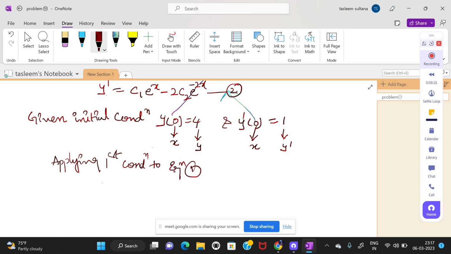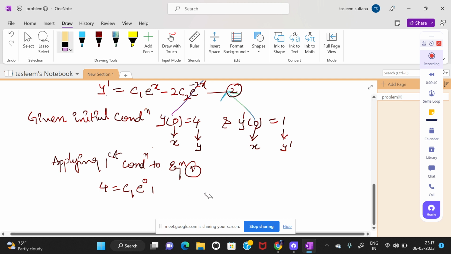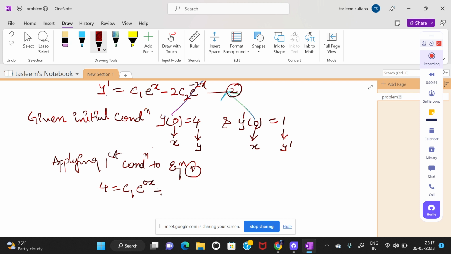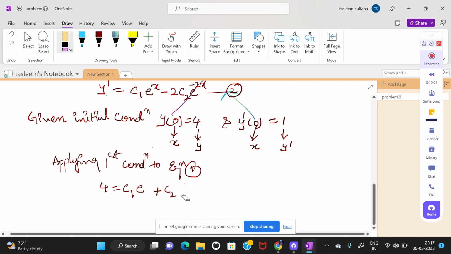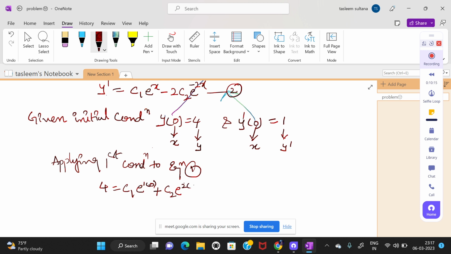Equation number 1, that is 4 equals C1 e to the power of 0 plus C2 e to the power of 0, since 1 into 0 and 2 into 0 are both 0.